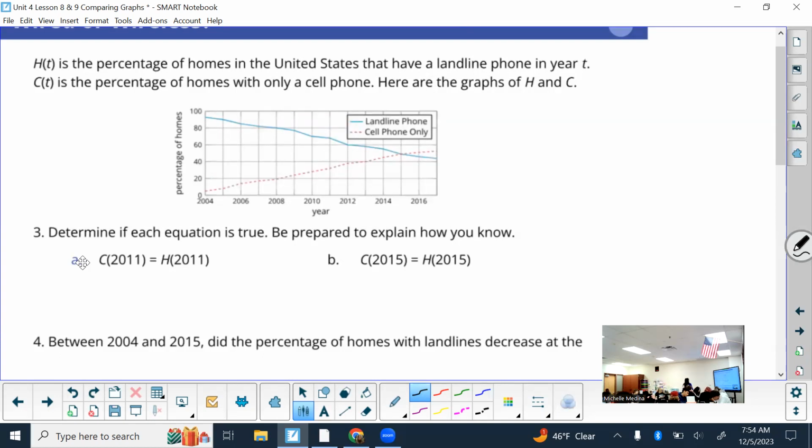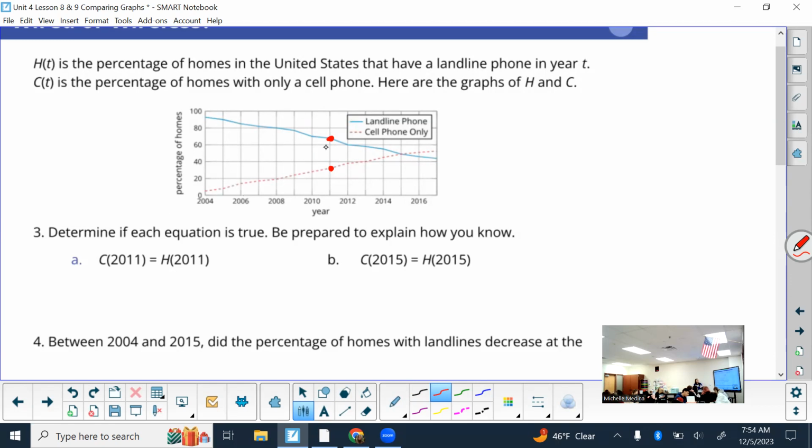So what are they giving us? What's this 2011, an input or an output? So I need to look at where my inputs go. At 2011, which would be here. Now I have landlines up there, cell phones down here. We could put the values there if you want.